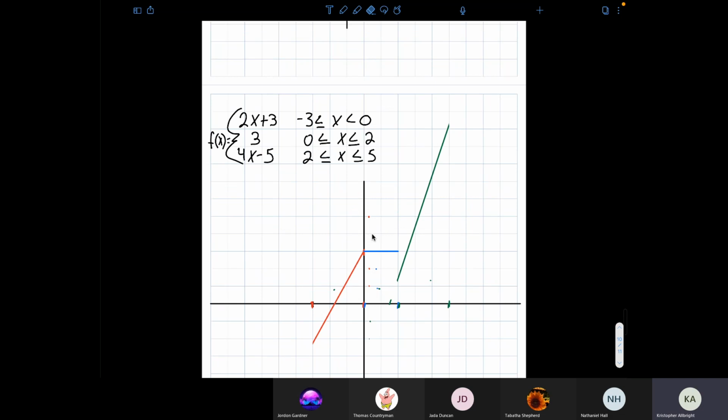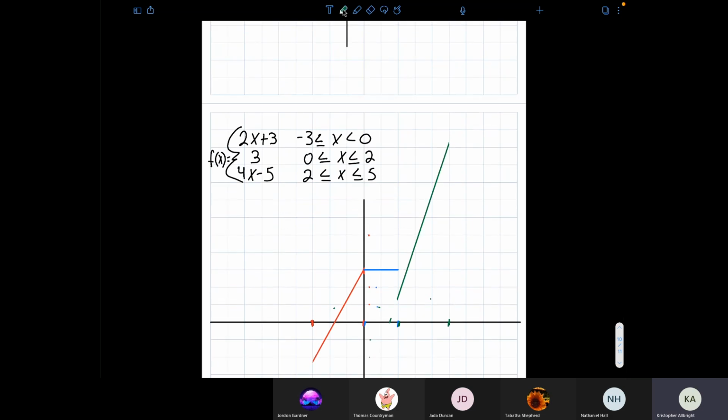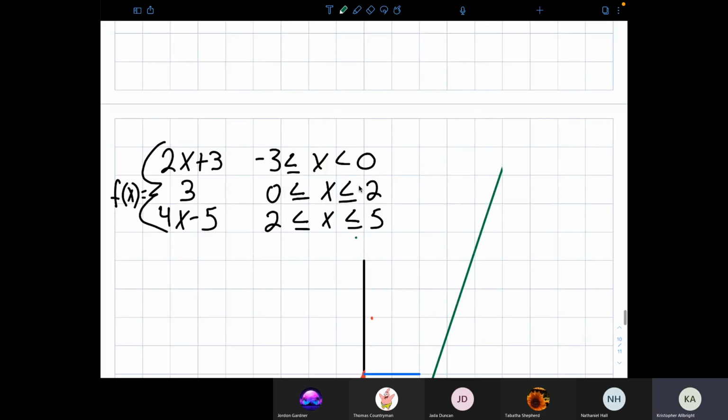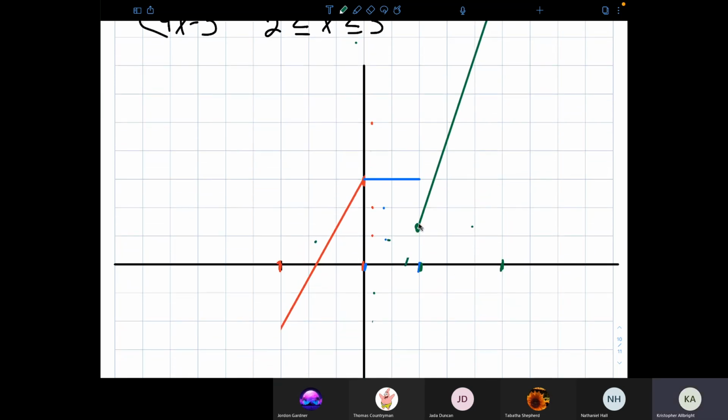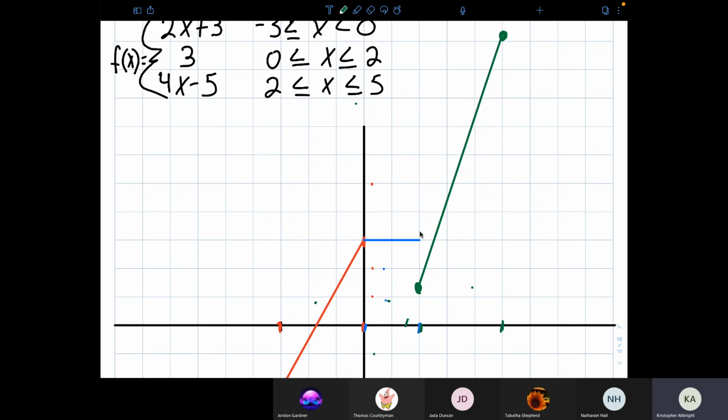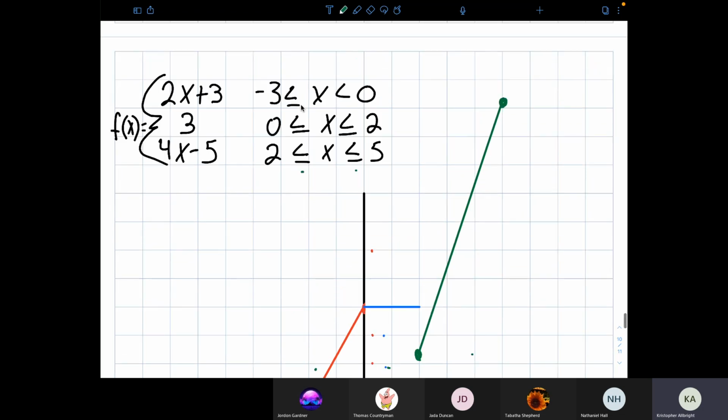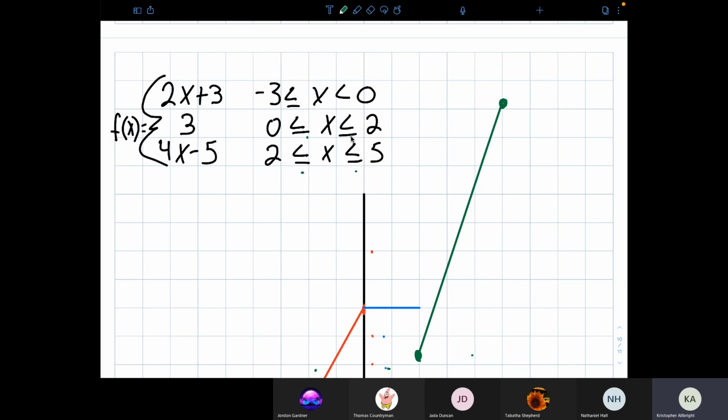So now we go back and we add our points, or our dots. So for green, we're using a closed circle. We're using a closed circle again, because when we look up here, we see it goes with 2. And so we're using a closed circle on both ends of the 3 line.